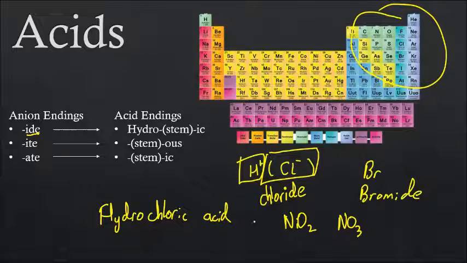Not very hard. But if we were to take something that ended with ite, like HNO2, that would follow this rule over here. We would take the stem of nitrite, which is nit, and add the ending ous, so it would be nitrous acid. Very simple.